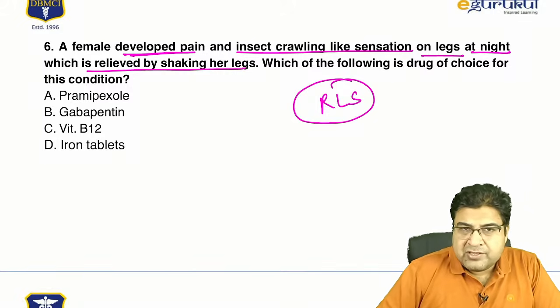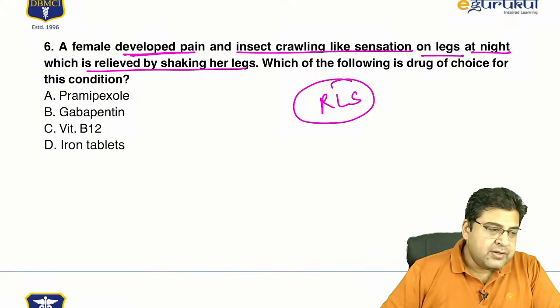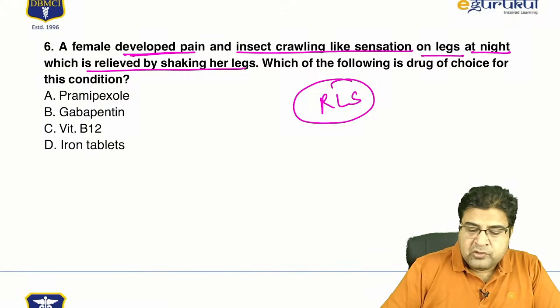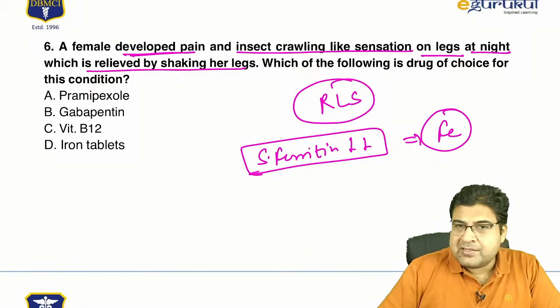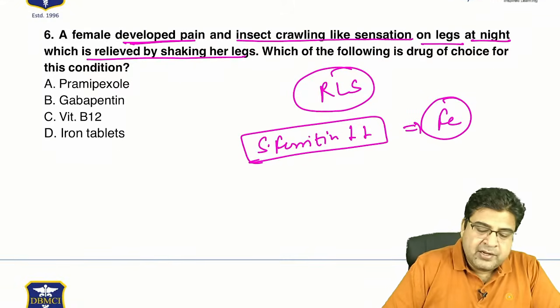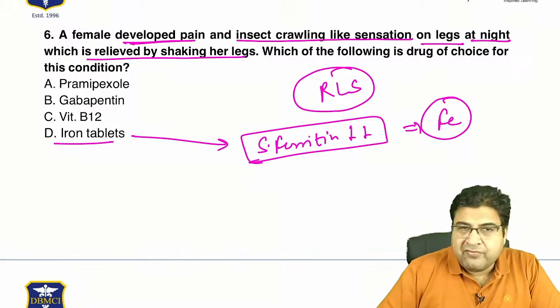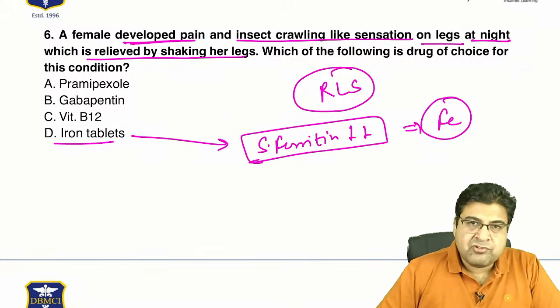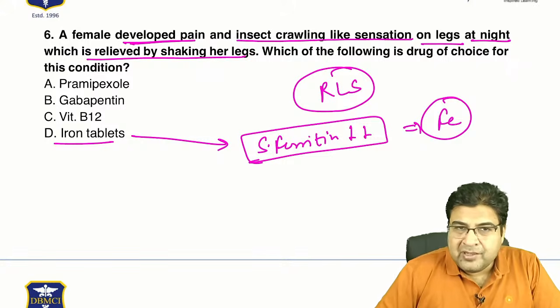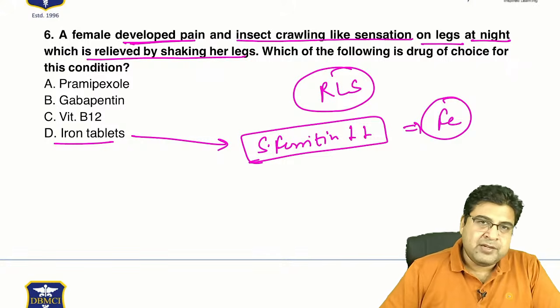In cases of RLS, first of all, we will check whether the patient suffers from anemia or not. If the patient has serum ferritin deficiency, you will mark the iron tablets as the best medicine if the serum ferritin level given is low. But here in this case, there is no history of such anemia given. So I will not mark iron tablets.